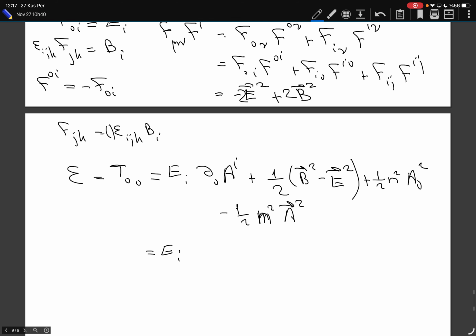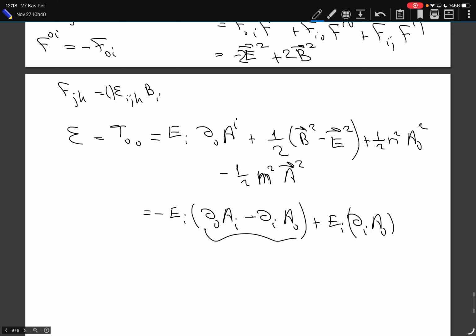This is E_i del_0 A_i, minus, let's say, E_i del_0 A_i. I just lowered the index, so that's why I have the minus sign. Let me subtract from this minus del_i A_0 and add del_i A_0. Why did I do that? Well, this is F_{0i}, which is E_i.